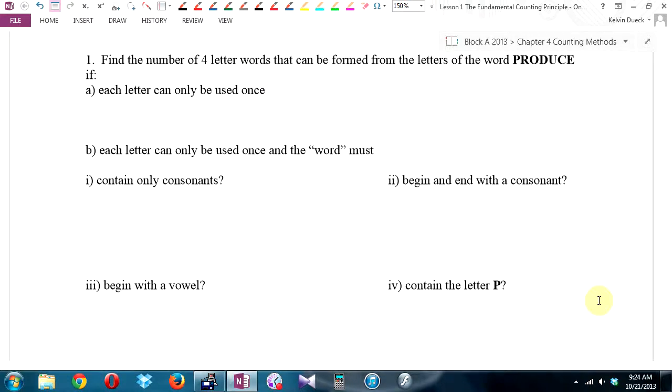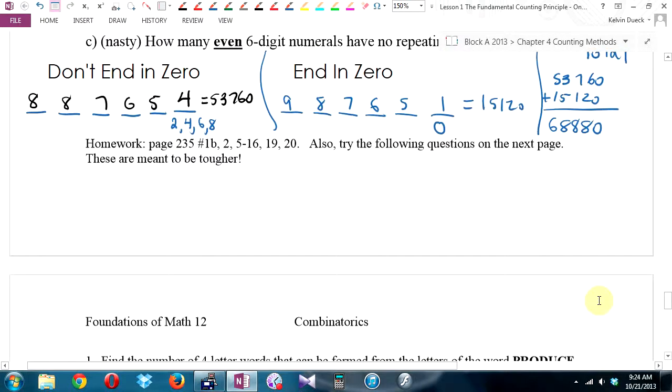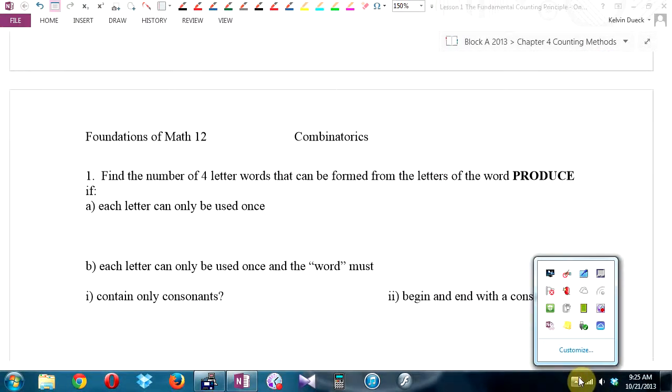I'm only going to put 1, maybe 2 like this on your test, not 15 or 20. But if you get these, you're in pretty good shape. This is from the old Principles of Math 12 Advanced Curriculum. I'm sneaking some in here because they're nerdly cool. So that's textbook homework right there. I would do the textbook first, then try these nastier ones. You got 25 minutes, lots of time.